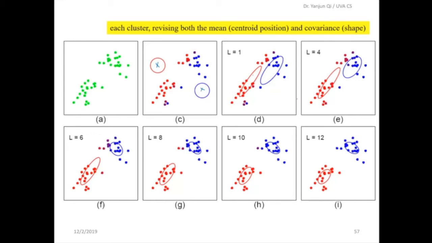Now I assign all the points to the clusters. I don't show the proportion of each point to the different clusters, but roughly, all the red points belong to the red cluster, and all the blue points belong completely to the blue cluster. And now you are re-estimating not just the center, but also the shape.